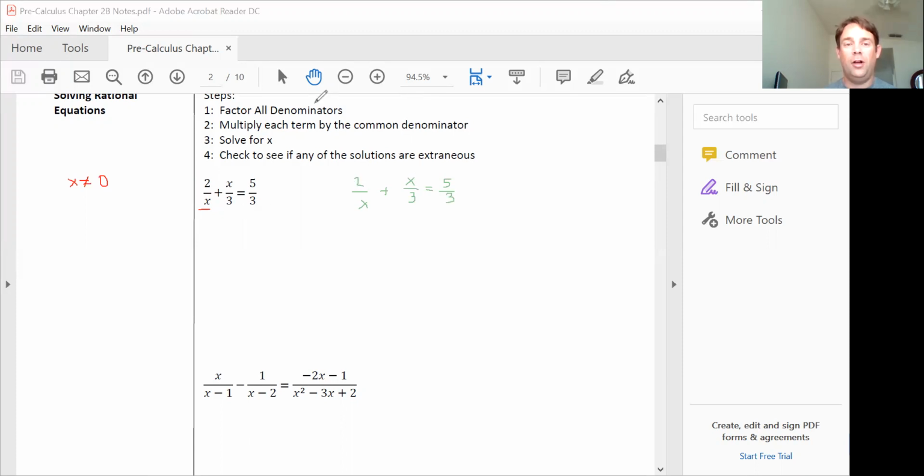So in my denominator right now, what I have is an x and a 3. So I'm going to multiply every fraction by 3x, or 3x over 1 if you really want to get technical. So this is technically 3x over 1.